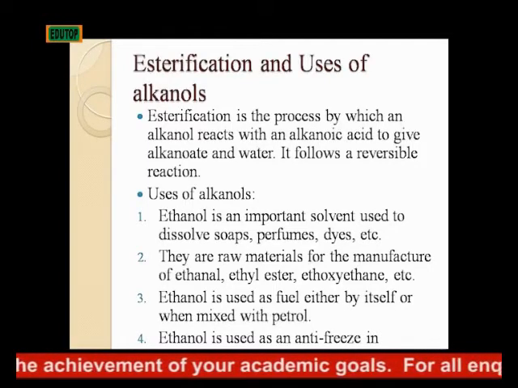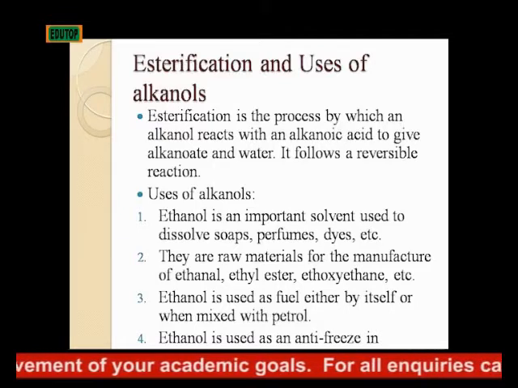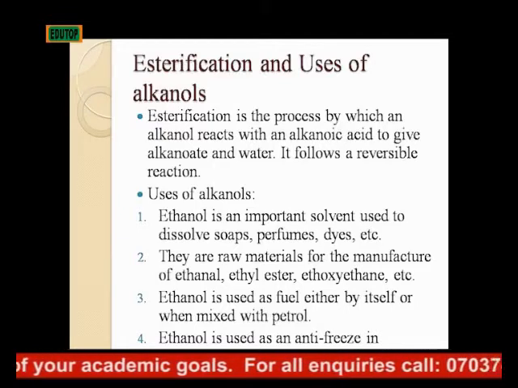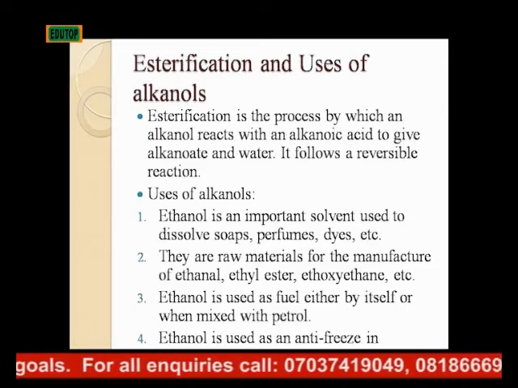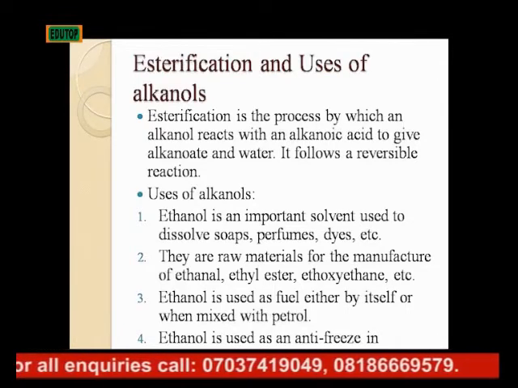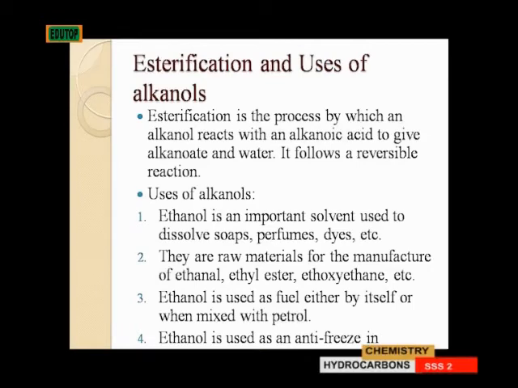Uses of alkanols. What are the uses of alkanols? 1. Ethanol is an important solvent used to dissolve soaps, perfumes, and dyes. Likewise, ethoxyethane is used in perfumes and dyes. 2.